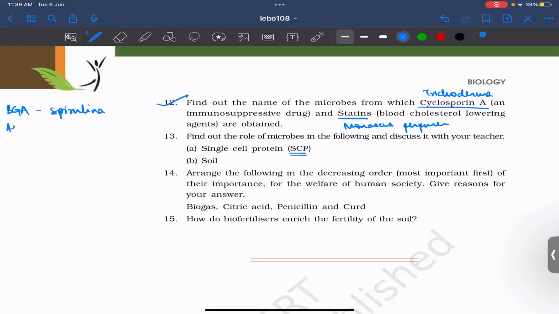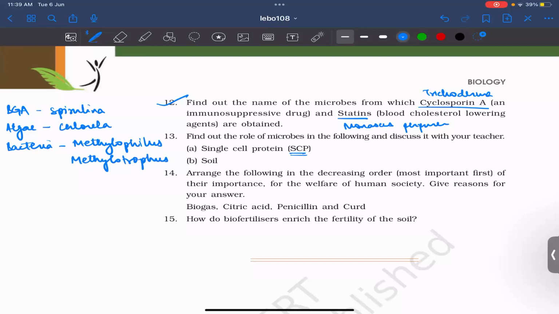Then algae, which is chlorella. We have bacteria, which is Methylophilus and Methylotrophus.